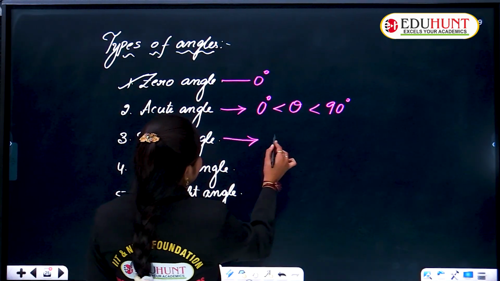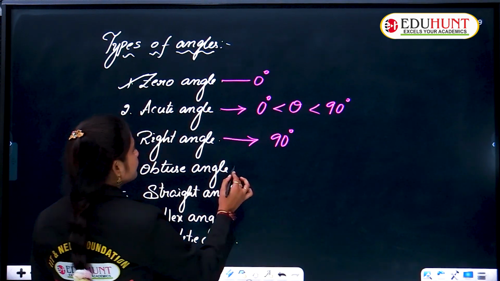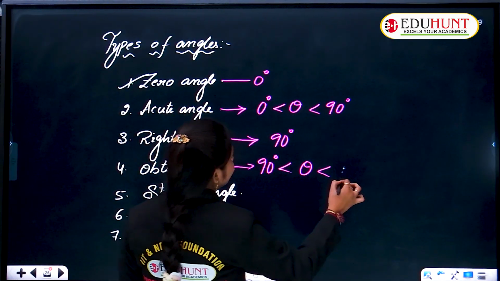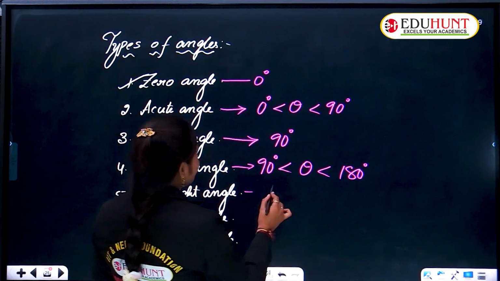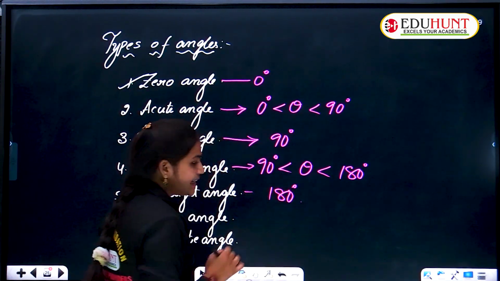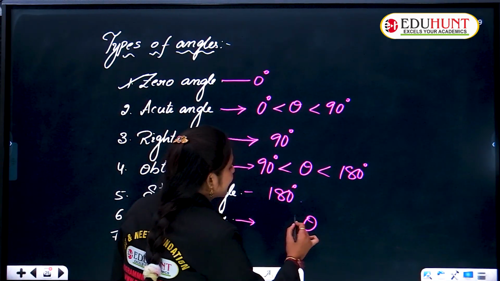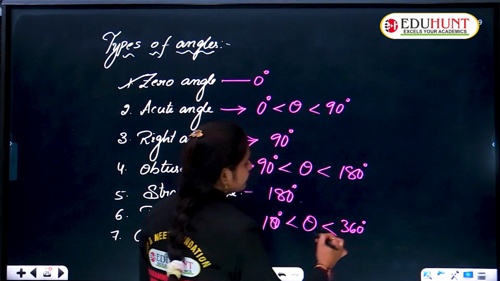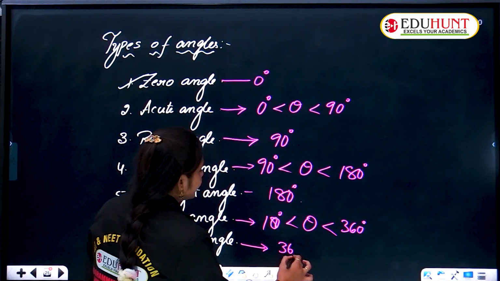Right angle measures exactly 90 degrees. Obtuse angle means theta lies in between 90 degrees and 180 degrees. Straight angle equals exactly 180 degrees. Reflex angle means theta lies in between 180 degrees and 360 degrees. And in the same way, complete angle means 360 degrees.